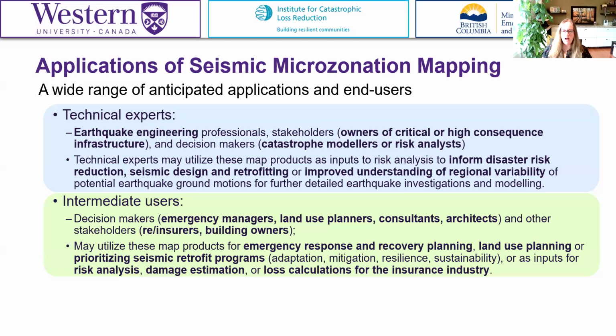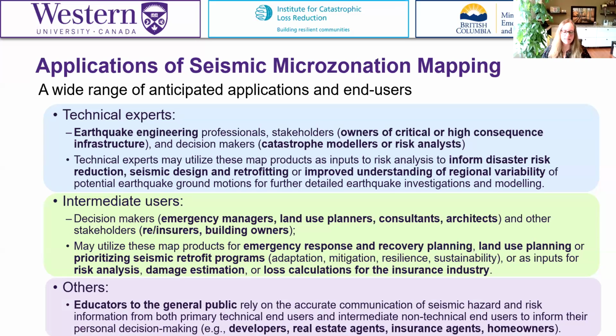We start to fall off here in terms of pushing towards intermediate users. So for example, an emergency manager or a building owner, they are supposed to find these maps super helpful for emergency response and recovery planning. But I would say that's not actually the case in practice. And then last but not least, we do make these maps or images freely available. And so anyone can come across them and try to use them in any way they choose.